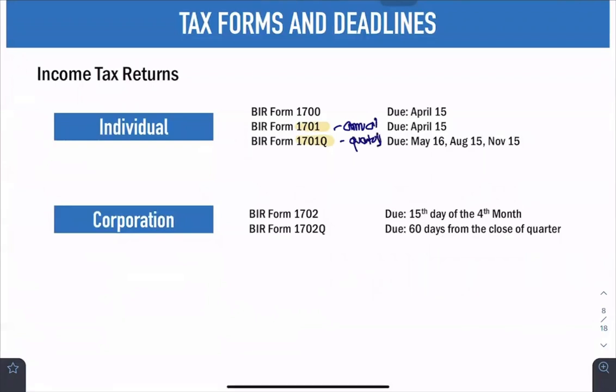The due dates, you already know, or you have at least memorized those. For corporation, we have 1702 for annual and 1702Q for quarterly. Okay, that's for income tax returns.